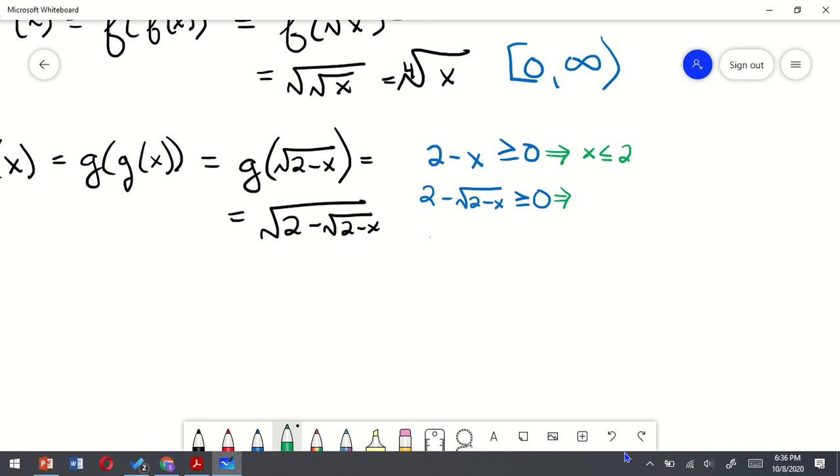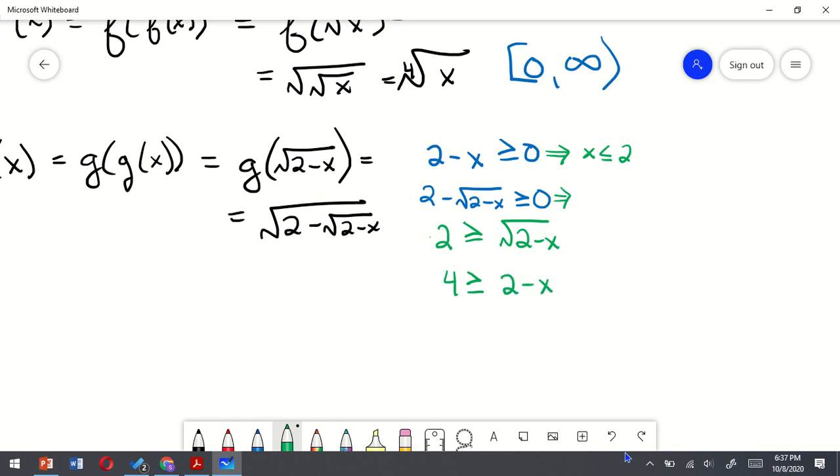Add the square root of 2 minus x on both sides, right? So we're just adding this thing on both sides. So our inequality says 2 is bigger than or equal to the square root of 2 minus x. And I can continue to solve this inequality. I can square both sides. I get that 4 must be bigger than or equal to 2 minus x.